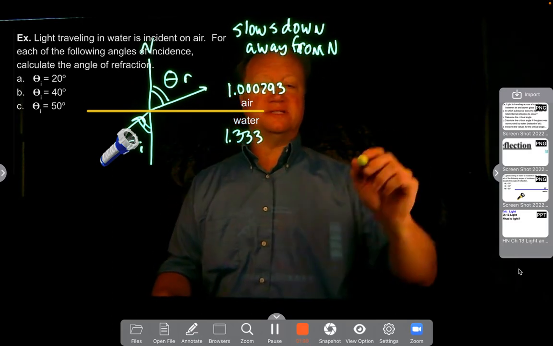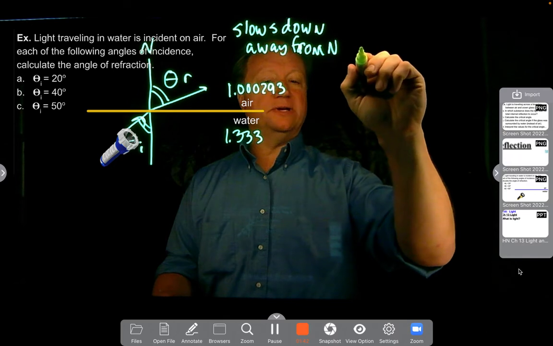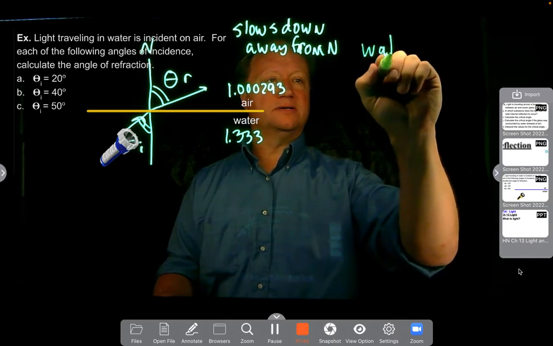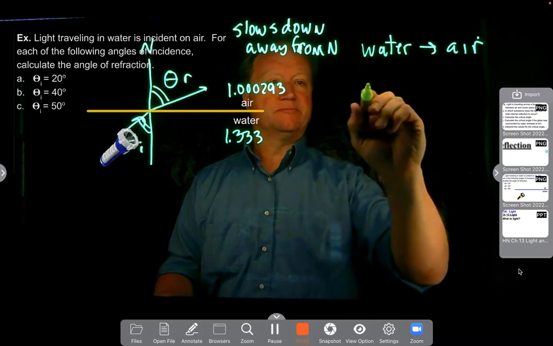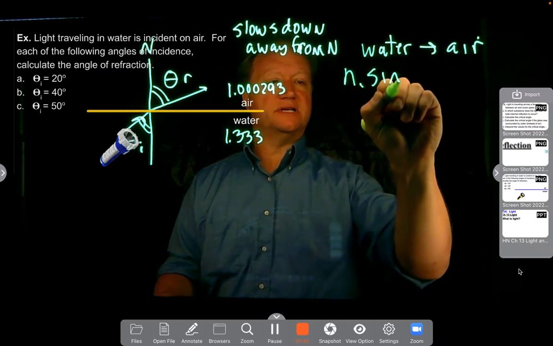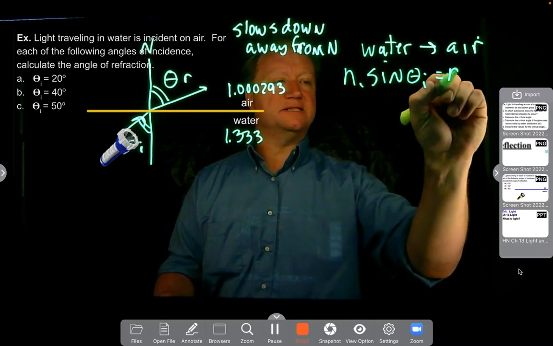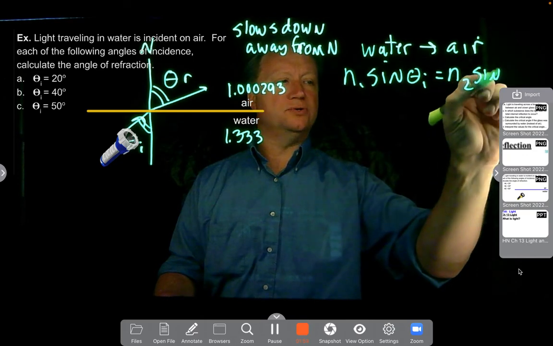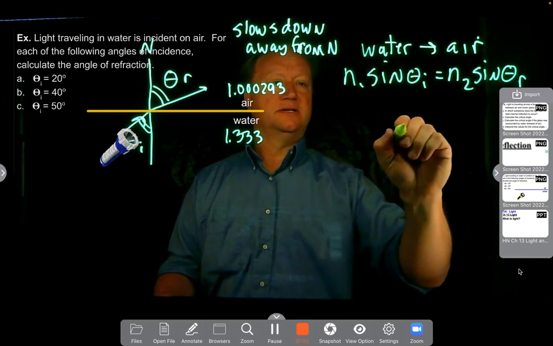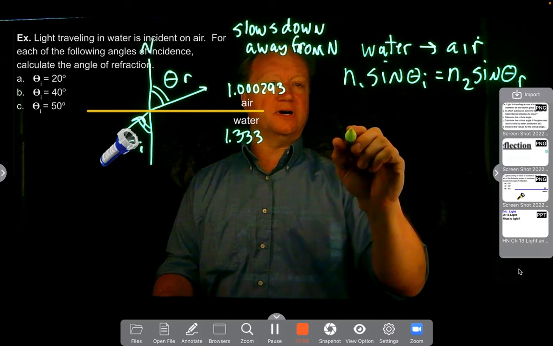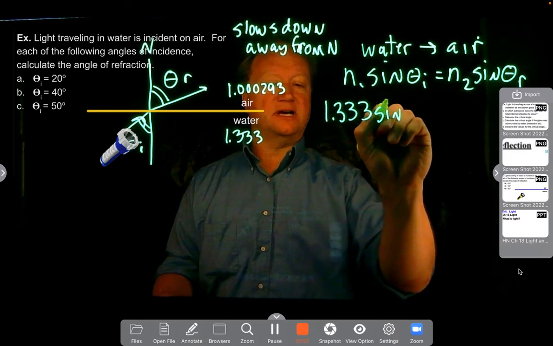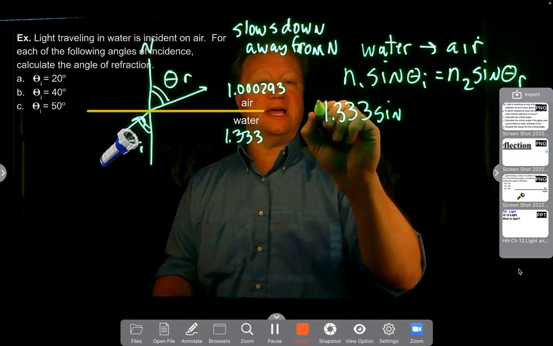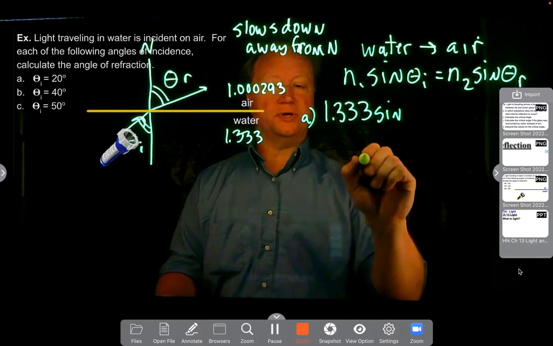So if we consider Snell's law, we are going from water toward air. n1 sine theta i is equal to n2 sine theta r. So our first substance being water, 1.333 sine, the first angle in part A is 20 degrees.